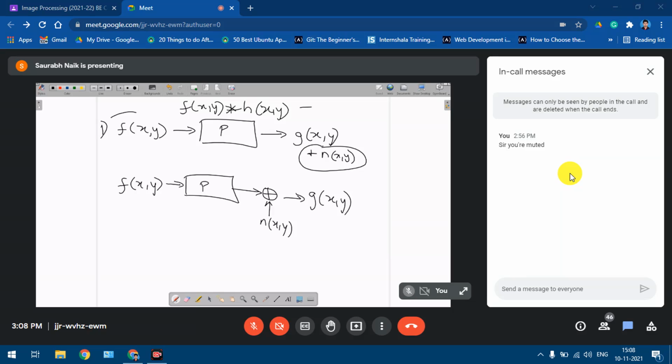That is what gives us this output g of x comma y. In the second case, the noise is added to this convolution operation itself, so that is where we have to slightly tweak the convolution kernel.